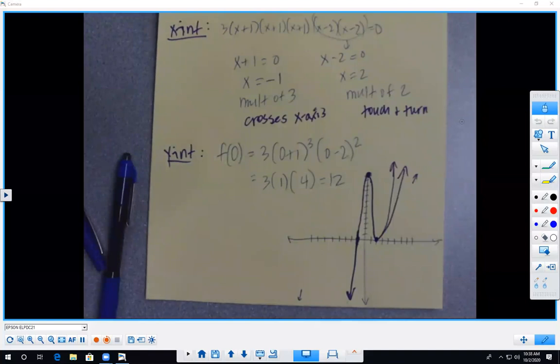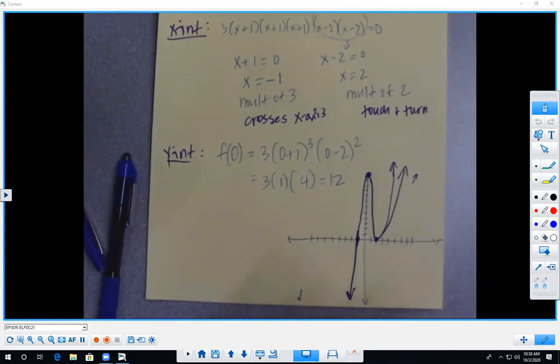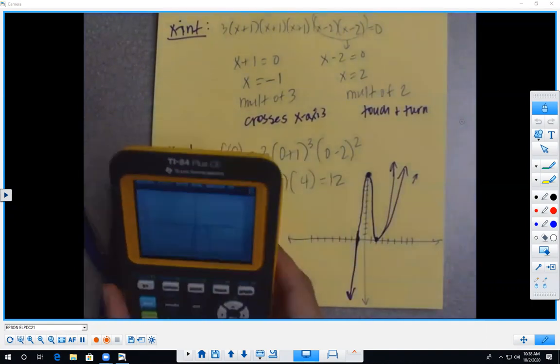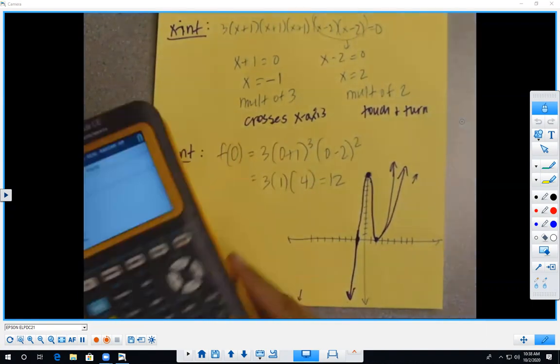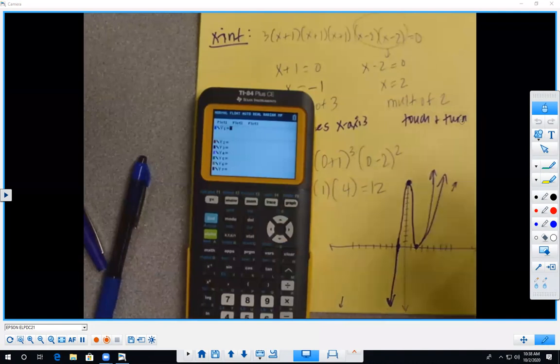If you put that on your calculator, that one might be a little bit more difficult to see because you might have to zoom out a little bit because the y-intercept is 12. Usually on most calculators, your view is set like a 10 by 10, actually 20 by 20, because it goes -10, +10, -10, +10.